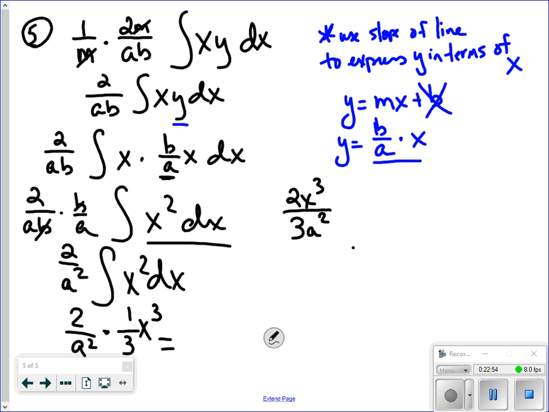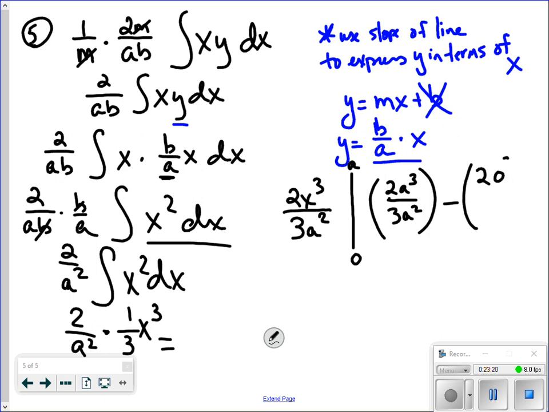And we need to evaluate that from 0 to a, which is like the L from the last problem. It's the length of our triangle. So again, we're going to put in a where x is, starting with our bigger one, where we have it as a. So 2a cubed over 3a squared minus 2 times 0 cubed over 3a squared.